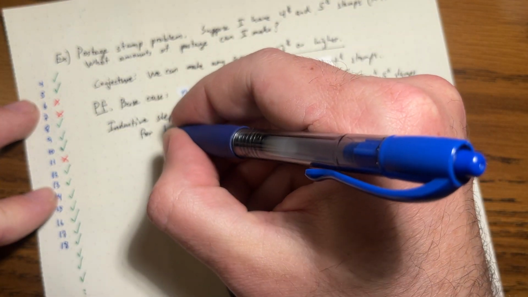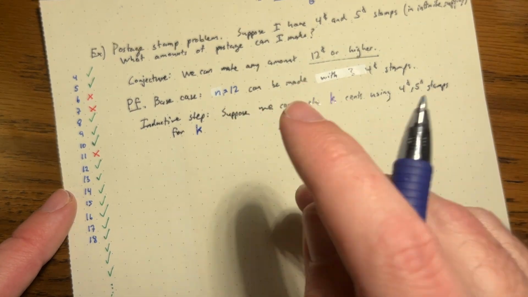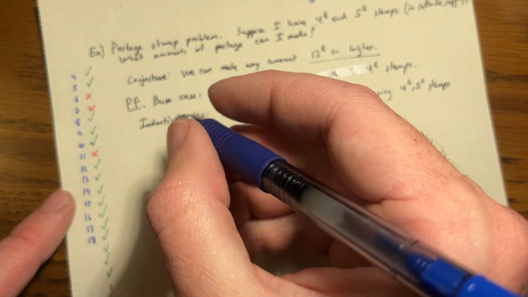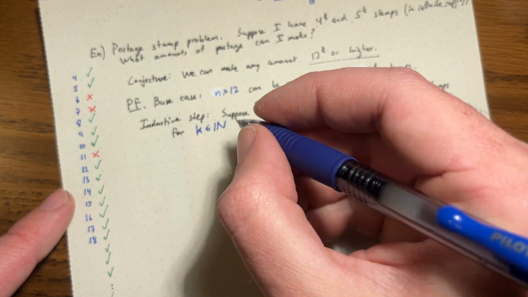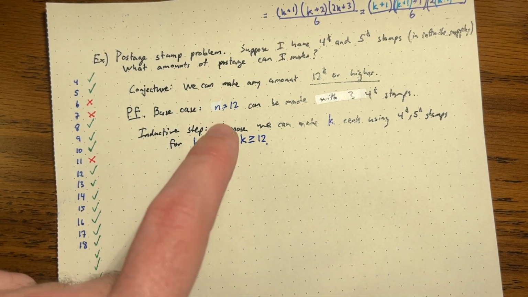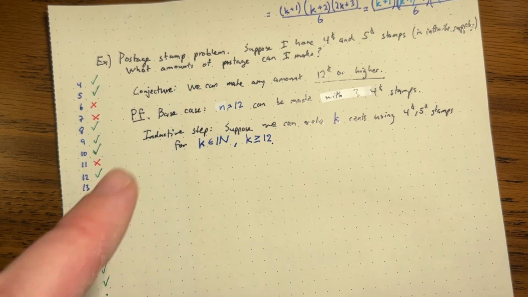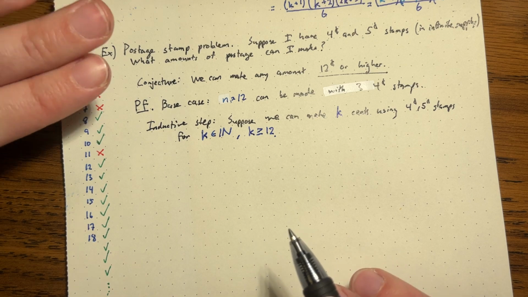And now we don't want to say k is any integer because it won't be true, right? For 11, 6, 7, or for any natural number, sorry. So for any natural number greater or equal to 12 is what we really want to say, okay? And you're allowed to do that. It's just got to coincide with your base case, right? So we're not proving for every natural number. We're starting at 12.